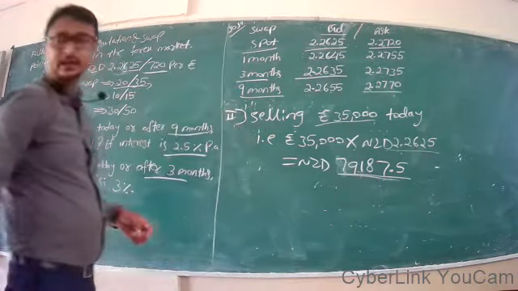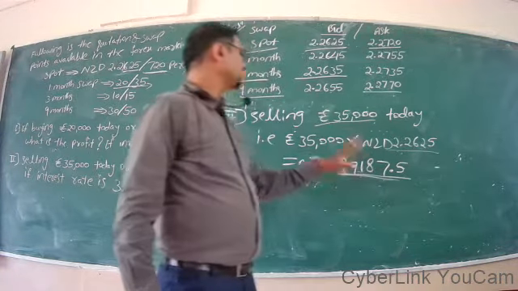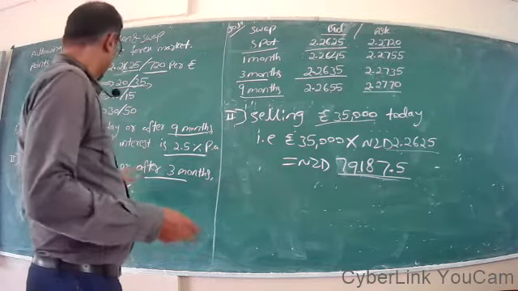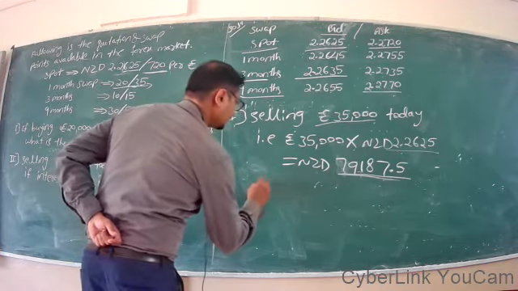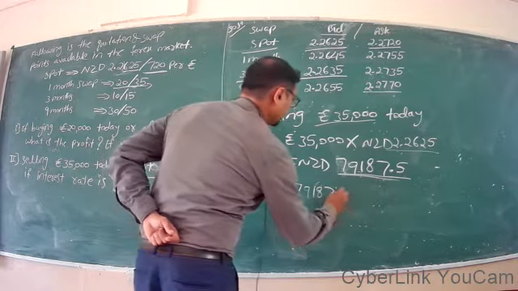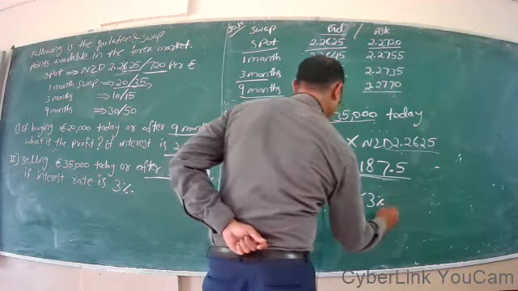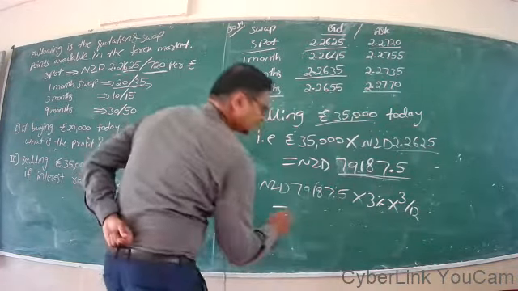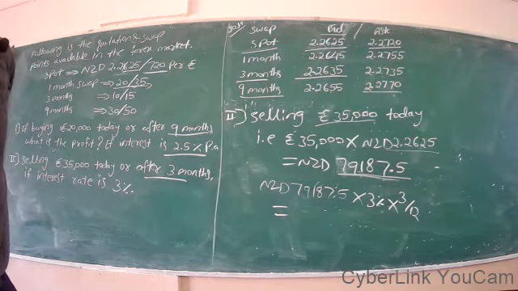So it is assumed that you get New Zealand dollar 79,187.5 today, and if you deposit it at the bank at the rate of 3%, what is the interest? To calculate the interest, New Zealand dollar 79,187.5 multiplied by the interest rate of 3%, that is 0.03, multiplied by 3/12 for 3 months.